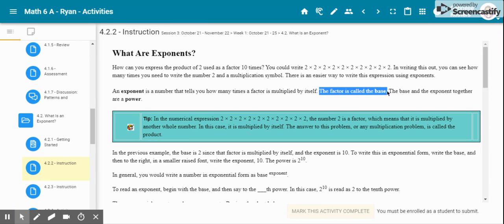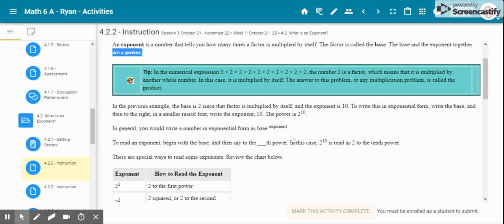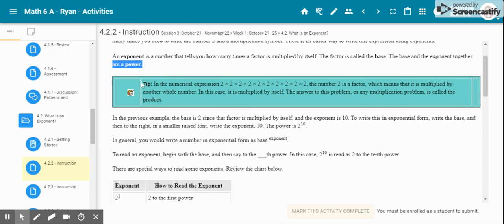The factor itself is called the base. The base and the exponent together are a power. Okay, so those are all things that you'll want to write down, and as you keep going, you can add more examples and more notes as these details unfold.